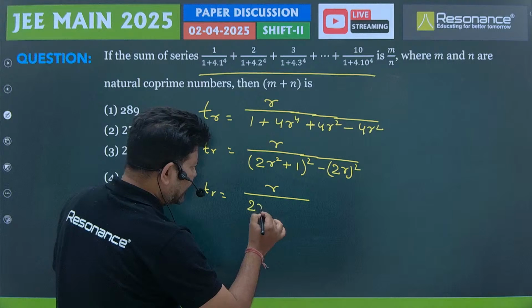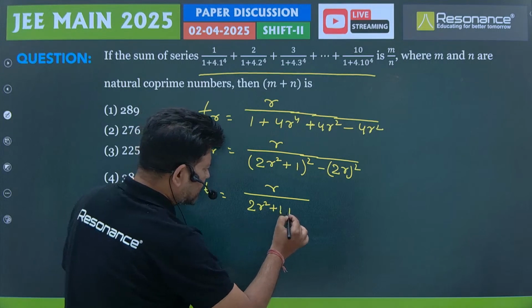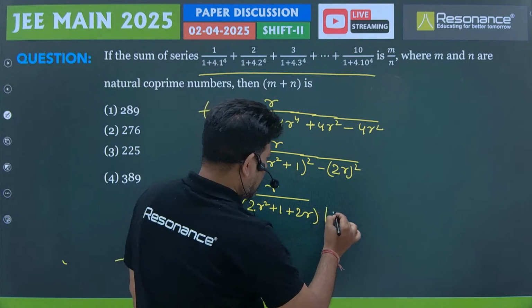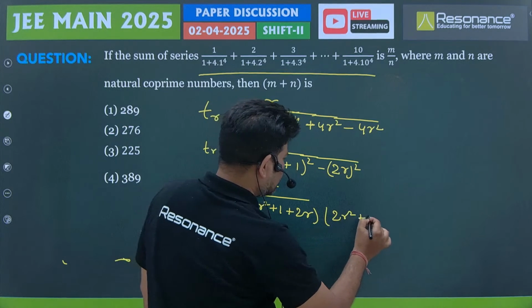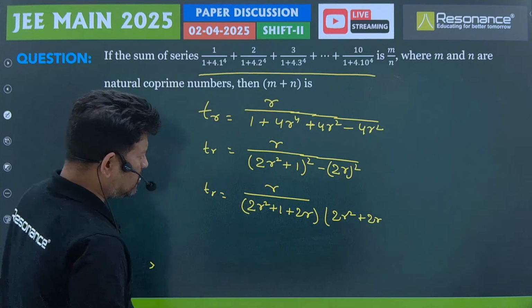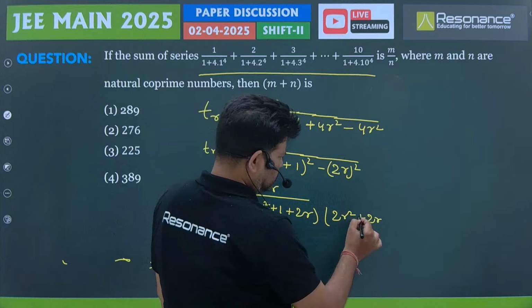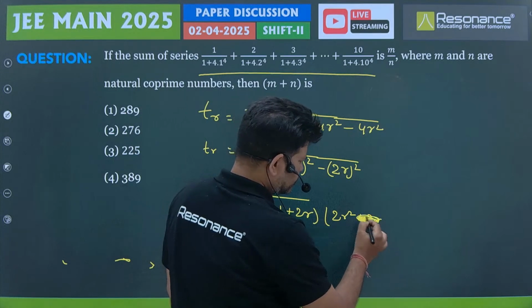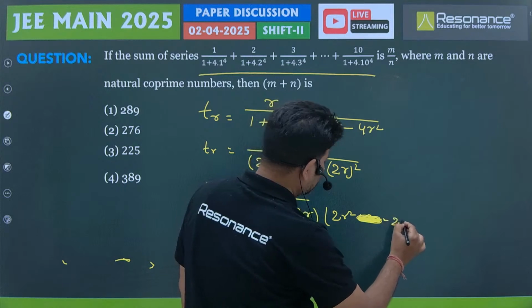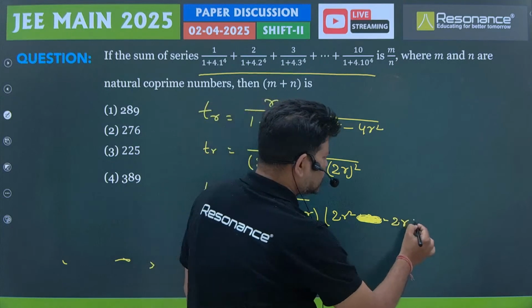So we get (2r square plus 1 plus 2r) and (2r square plus 1 minus 2r), that is, 2r square minus 2r plus 1.